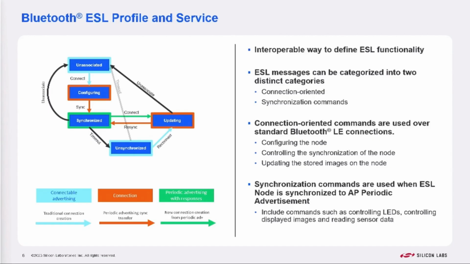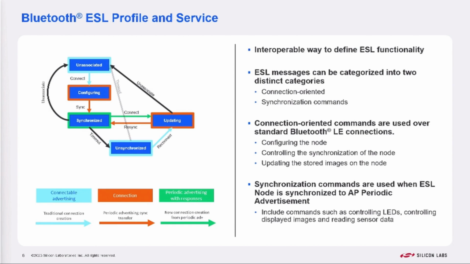So let's have a look at the Bluetooth ESL profile and service. Just one slide. This is the way to utilize the PAWR. If you look at the Bluetooth ESL profile, there are two different operation modes. The first operation mode is connection centric. No magic here, just a normal Bluetooth connection.